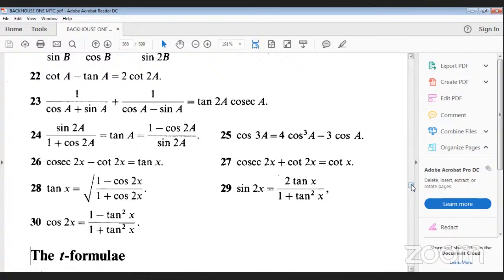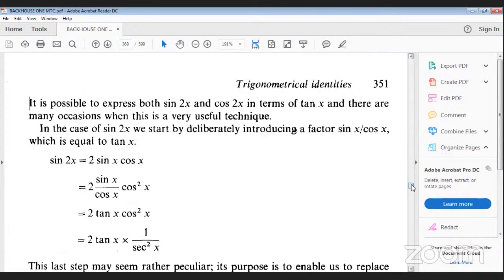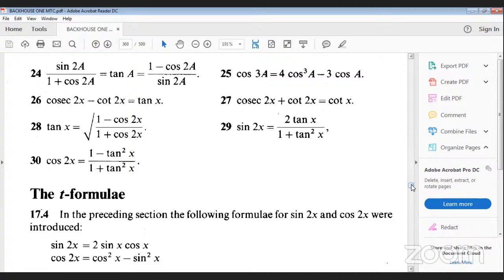If you fail the first time, you do it a second time, a third time. The page is 350, from number 10 up to 30.